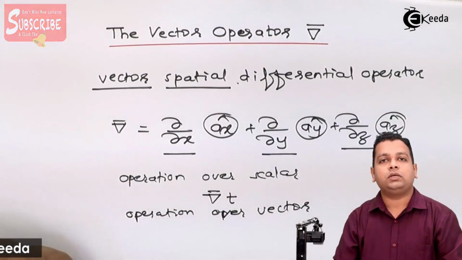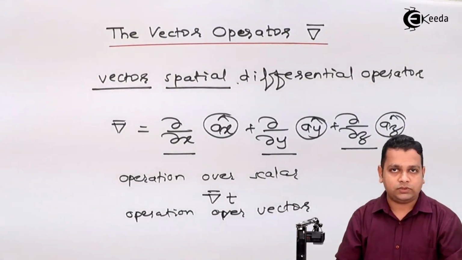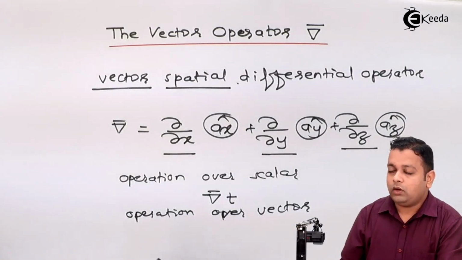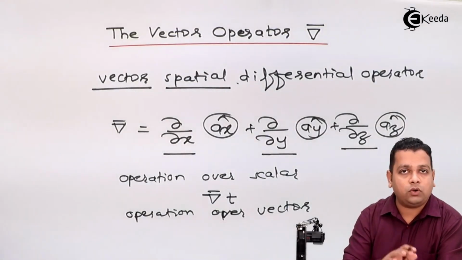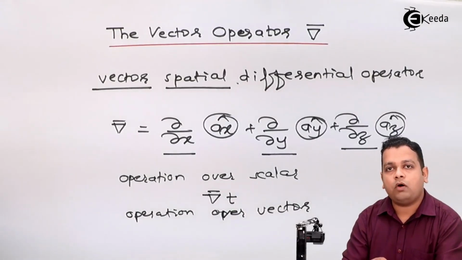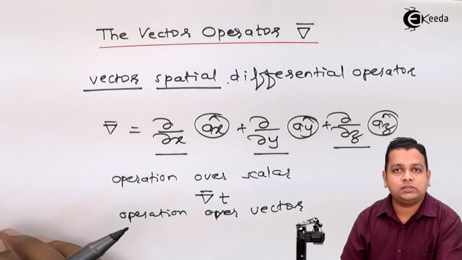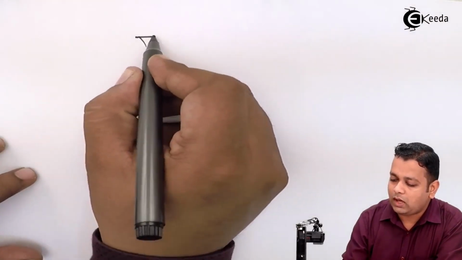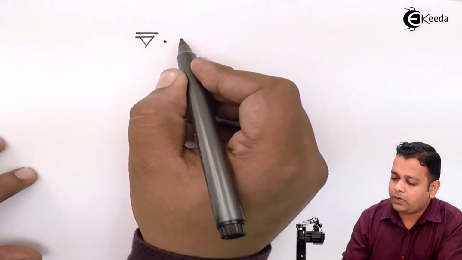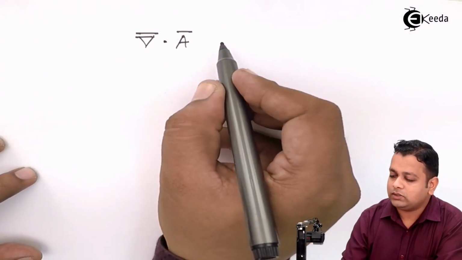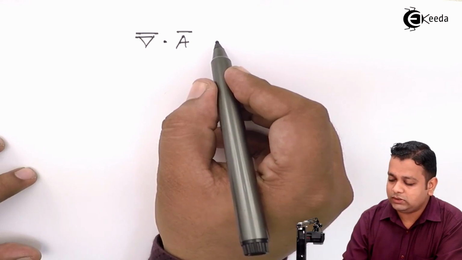Now another type is operation over a vector. This operation has two more subtypes, where the operation is performed with a dot product and with a cross product. They are further called divergence and curl. So the representation is del bar dot any vector A. This is called divergence.